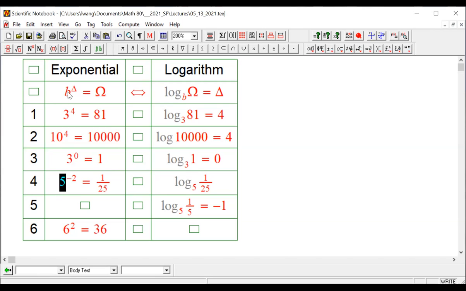B is 5, and triangle is -2. So on the other side, omega goes to the logarithm, the base is the same as 5, and the power goes to -2. Next, I want you to try this one.